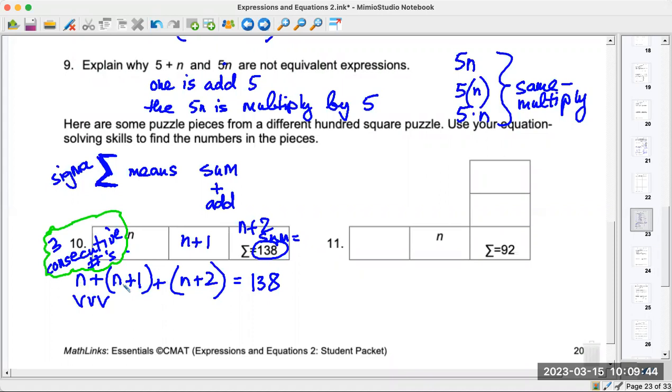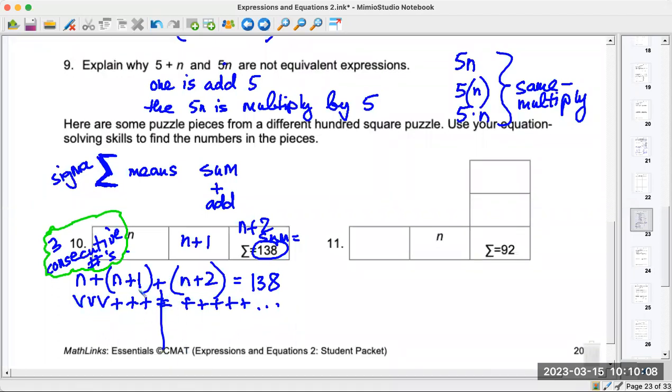Then we have +1, +2, and then we have that equal sign, and then we have 138 pluses, which I'm not going to write down. There's 138 of them.